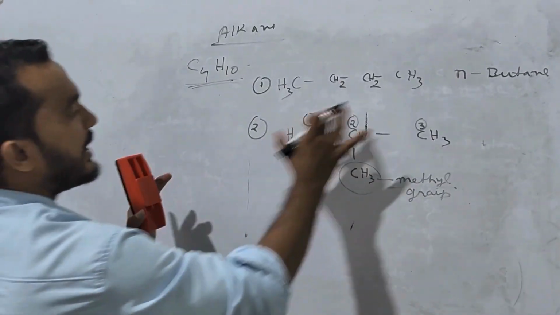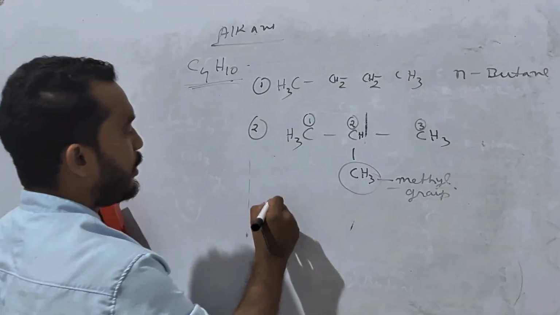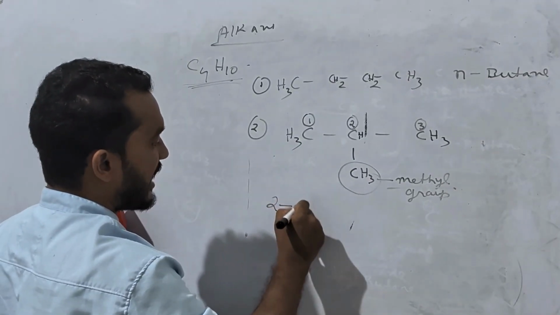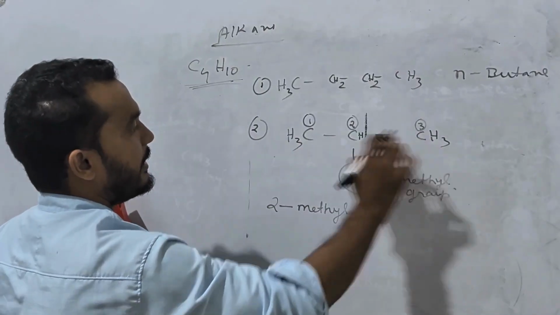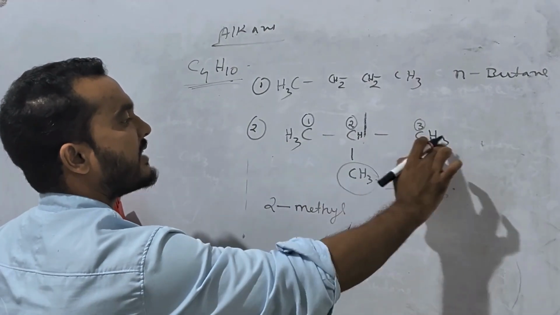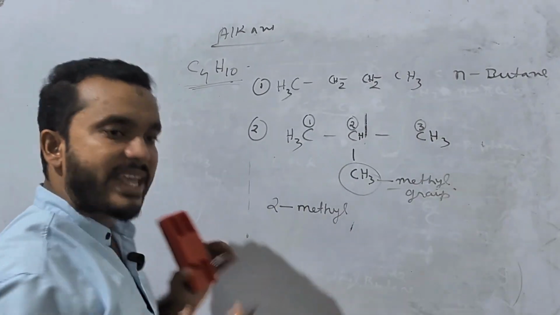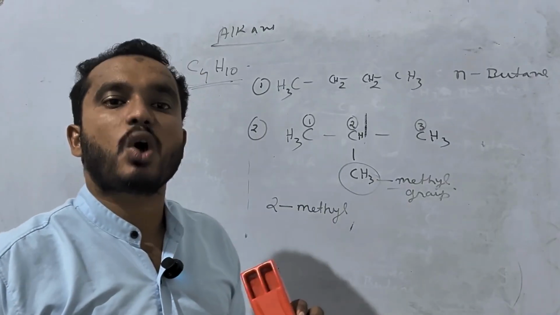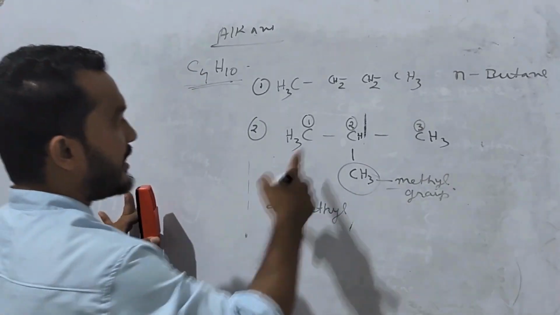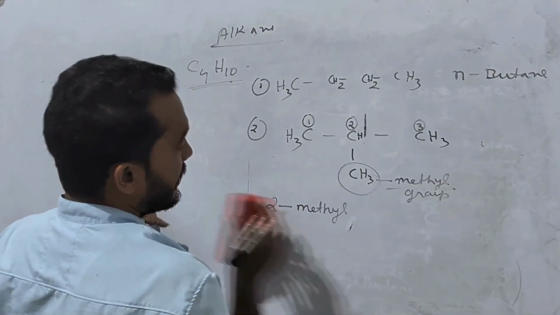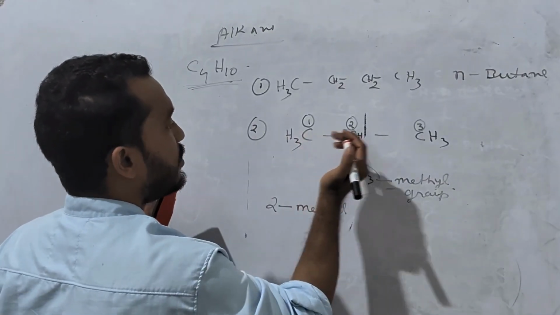Now the chemical name of this structure will be 2-methyl in a straight chain. This is called the parent chain. Okay, the longest chain of carbon is called the parent chain, or straight chain. So in the parent chain, how many carbon is there? 1, 2, 3.